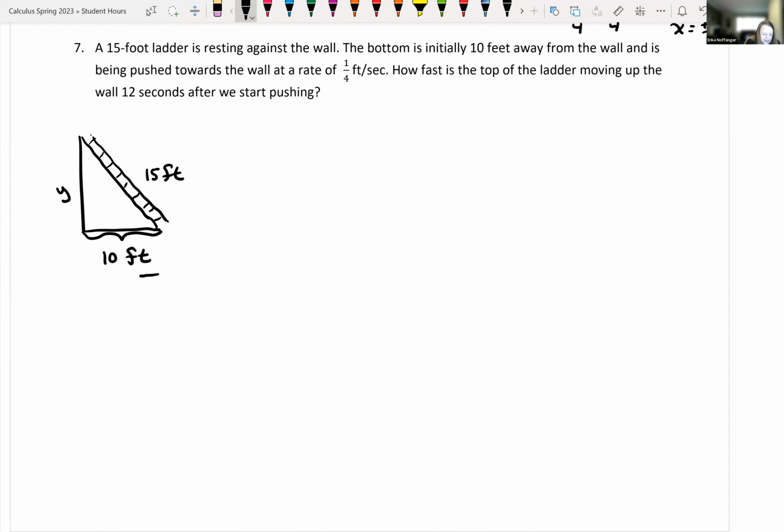We're pushing the ladder in, so that distance, the base on the floor, is changing, it's shrinking. And that rate of change, as we're being pushed towards the wall, is a quarter foot per second. So I know that, and maybe we can call this x. So the rate of change, dx/dt with time, is equal to -1/4 foot per second.